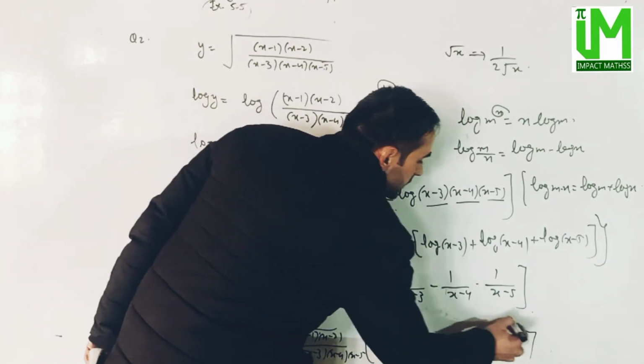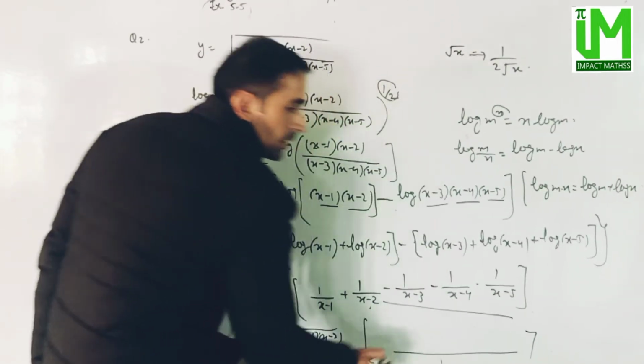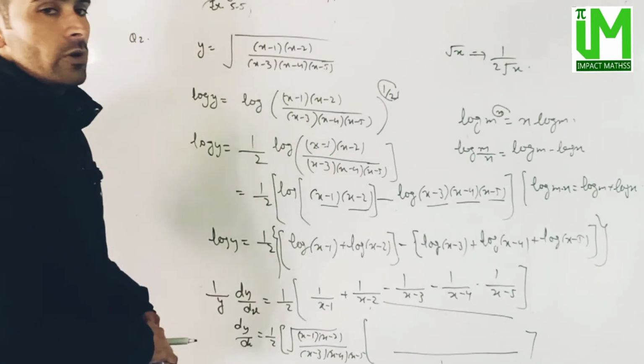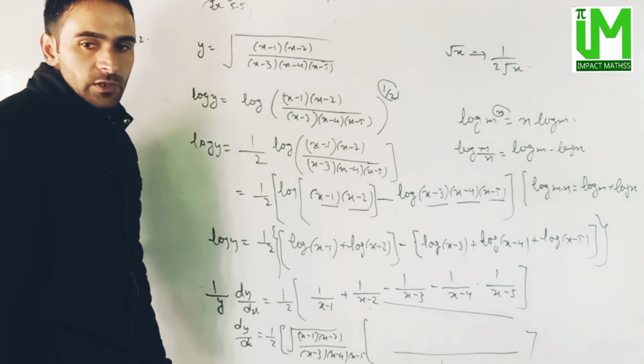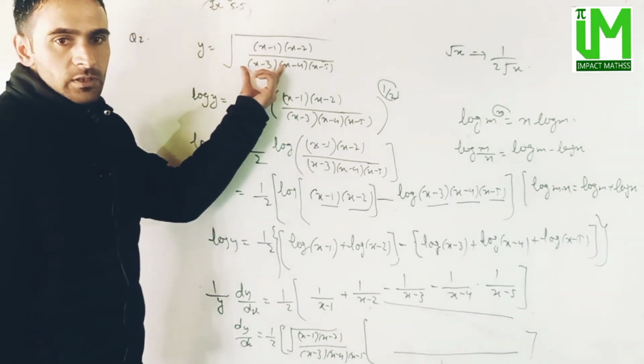You have to write down this whole thing in the product here. So this is the derivative of y. Understood?